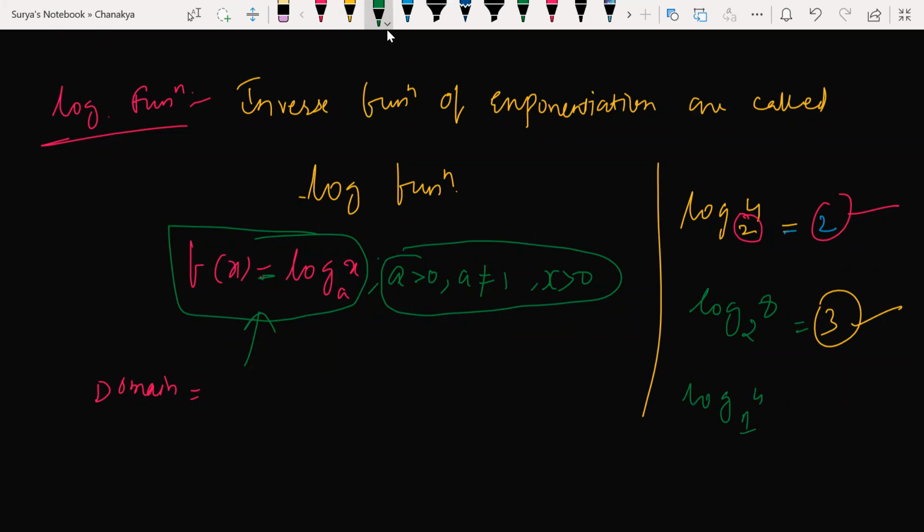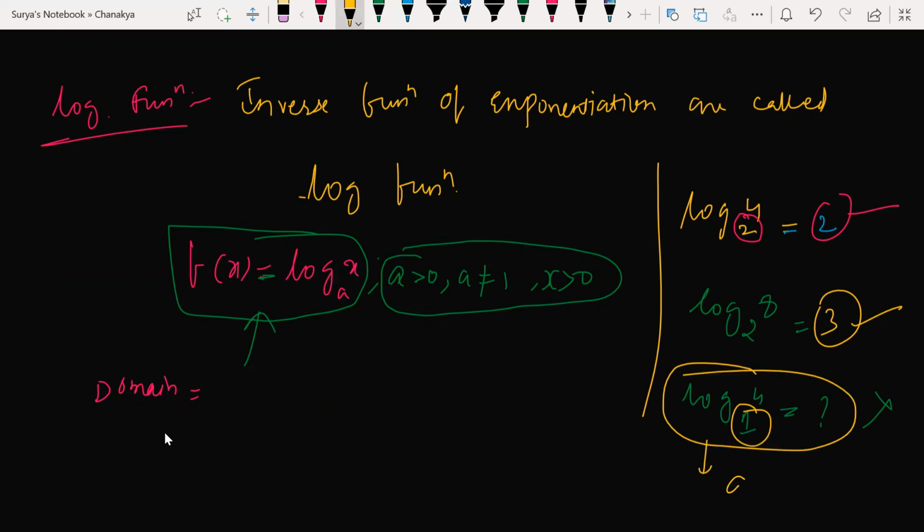Now a simple question: log 4 with base 1. What is the answer? What power of 1 gives you 4? Impossible. Any power of 1 gives me 1 only. So no power of 1 makes 4, and nothing is possible here. So 1 cannot be my base.